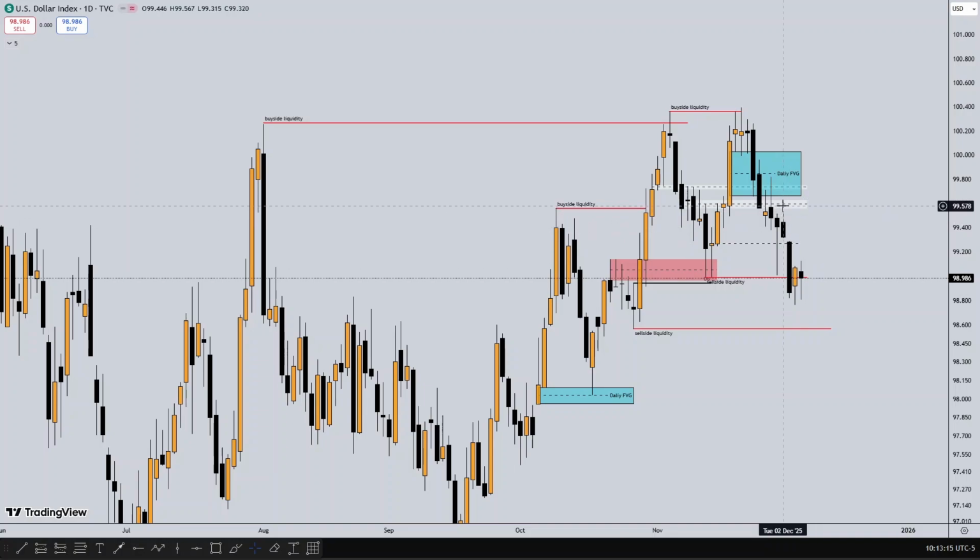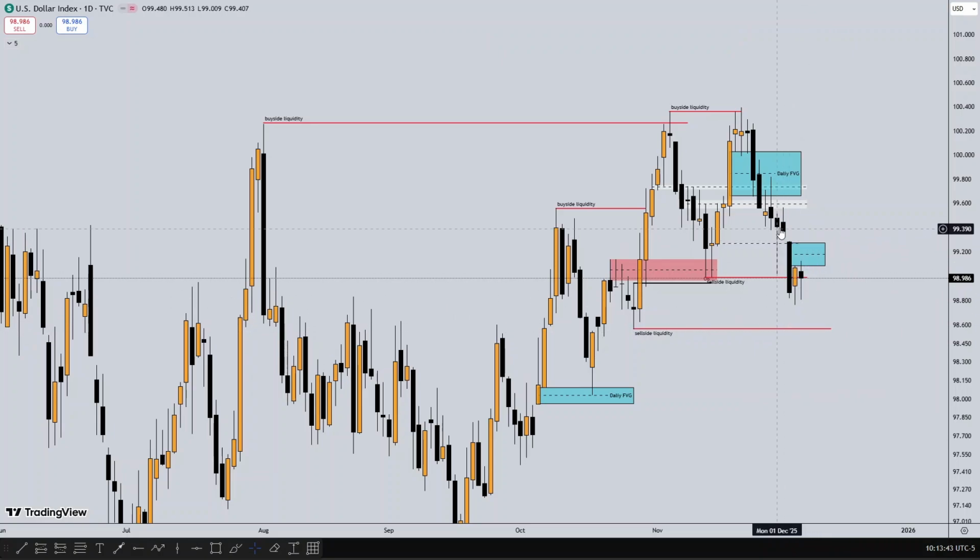Price respected the new week opening gap on Tuesday, traded lower, and on Wednesday, price traded lower, took out the sell side liquidity. Thursday, retracement back to the range. Friday, price took out Thursday's high and retraced back to Thursday's range, where price respected a fair value gap, which I'm looking at going into next week, which might lead to lower prices.